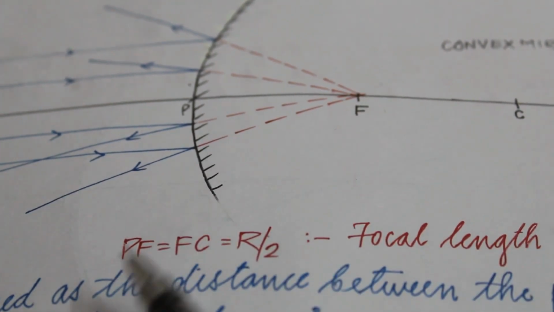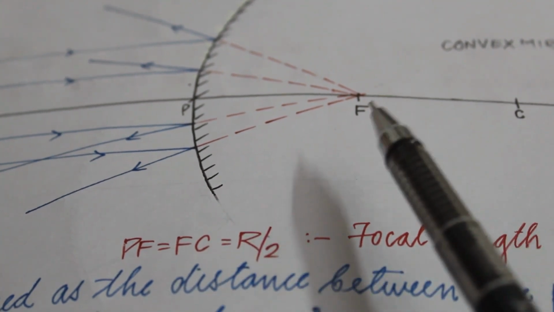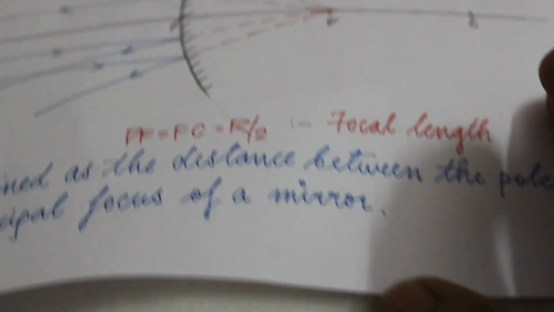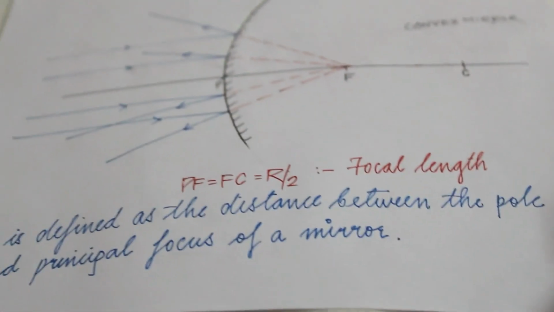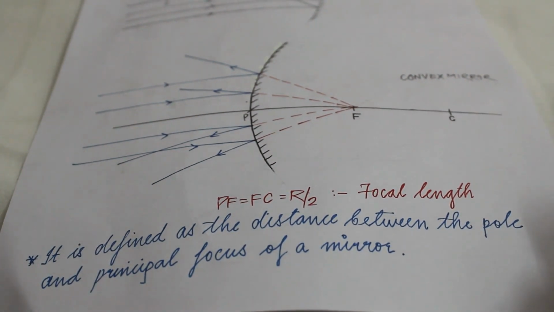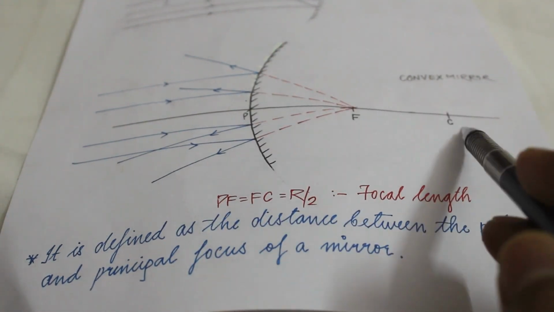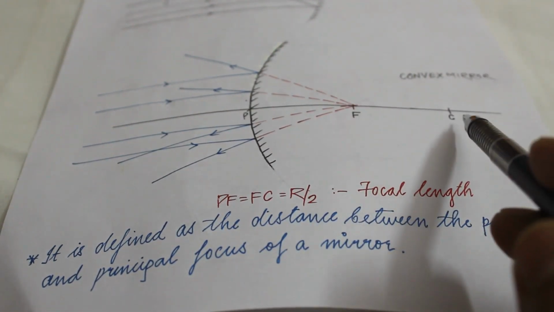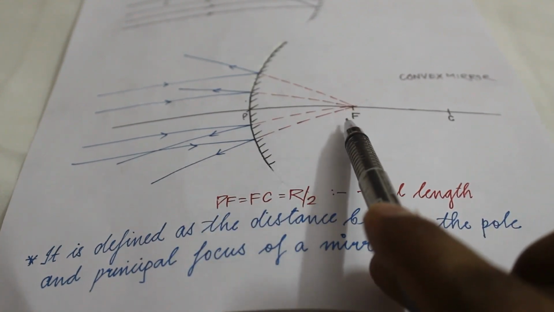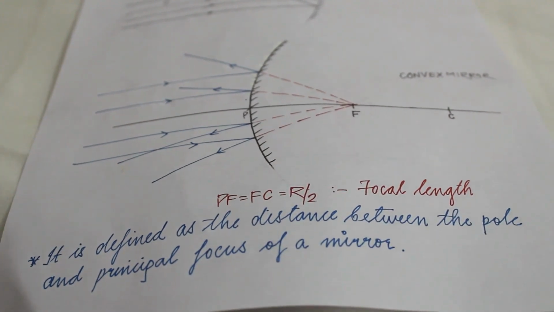So we can write PF is equal to FC is equal to R by 2, and this distance PF is known as focal length. Now what is the definition of focal length? Focal length is defined as the distance between the pole and principal focus of a mirror. Though PF is equal to FC, in the definition we write the distance between the pole and the principal focus of a mirror, and this distance is known as focal length.